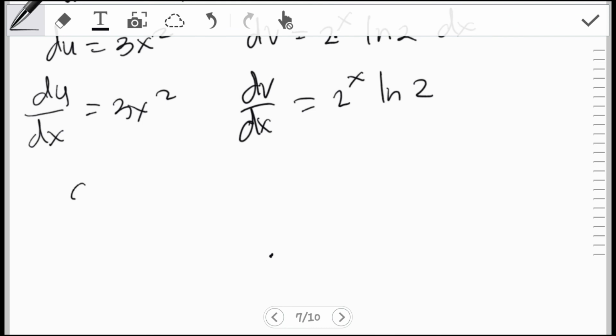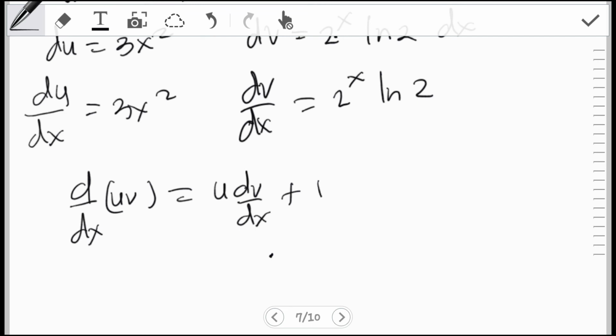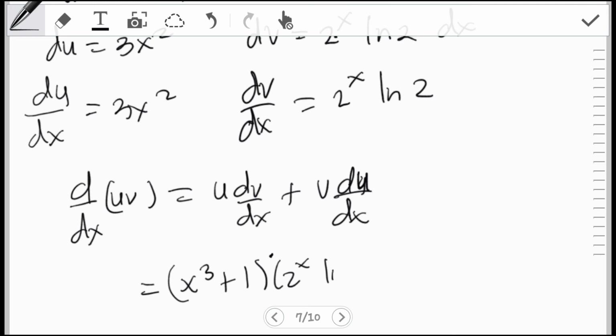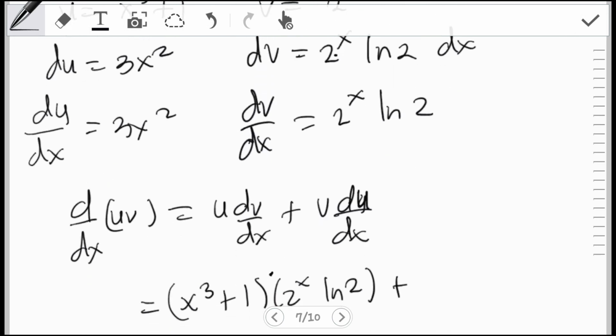By using this formula, d over dx of uv is equal to u dv over dx plus v du over dx. So substitute, the value of u is x cubed plus 1, dv over dx is 2 to the power x ln 2, plus v, which is 2 to the power x, then du over dx is 3x squared.